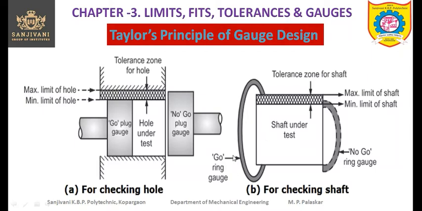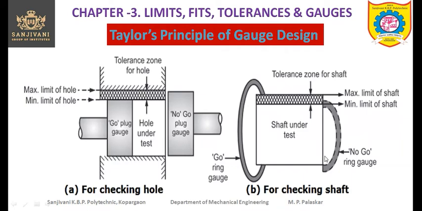We are able to insert the shaft inside the go ring gauge because the actual size of the shaft is less than the higher limit, and the shaft is unable to enter inside the no go ring gauge because the actual size of the shaft is greater than the minimum limit.